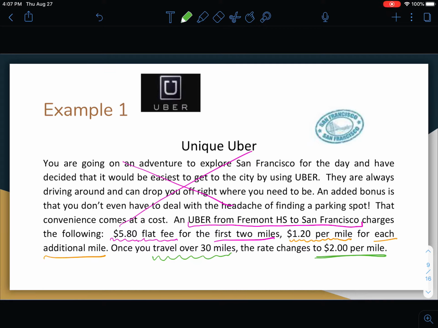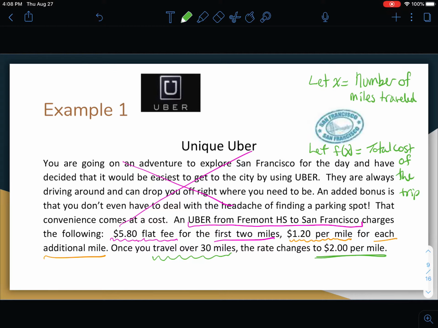So let's go ahead here and let's identify our variables. So I'm going to say let x equal number of miles traveled. And we're also going to say let f of x equal the total cost of the trip.